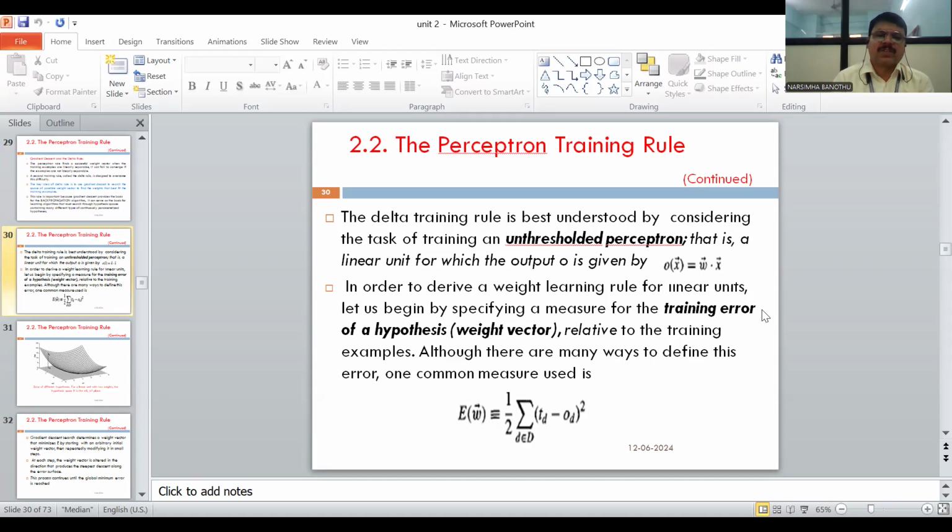In order to derive a weight learning rule for the linear unit, let us begin by specifying a measure for the training error of a hypothesis, that is the weight vector, relative to the training examples. Although there are many ways to define this error, one common measure is this difference.